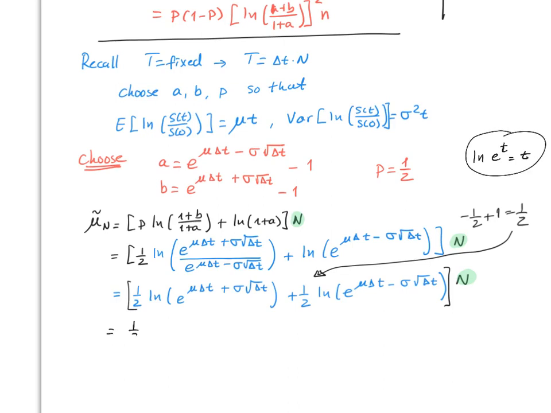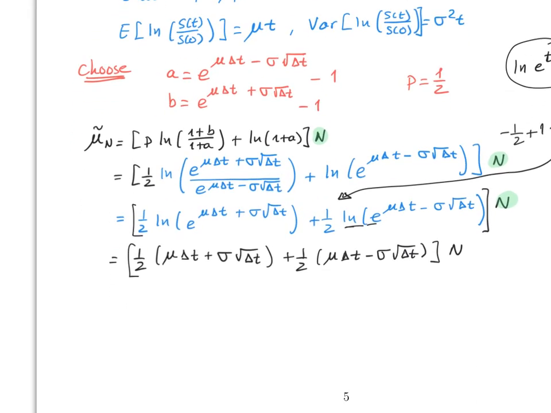So therefore we end up with 1/2 times mu delta t plus sigma square root delta t, plus 1/2 times mu delta t minus sigma the square root of delta t, and everything is multiplied by n.